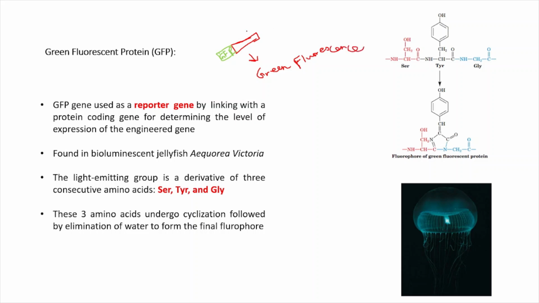If this protein is attached with the GFP gene, then when this protein is expressed, automatically the GFP gene will also be expressed. This GFP gene will produce the GFP protein, and this recombinant protein gene will also be expressed, and after expression you will have your desired protein.